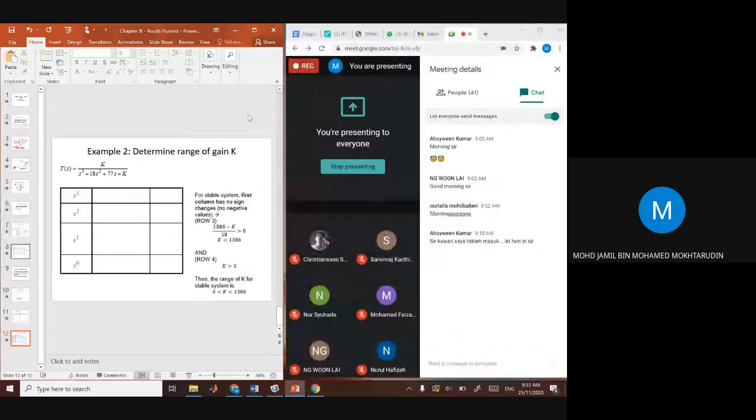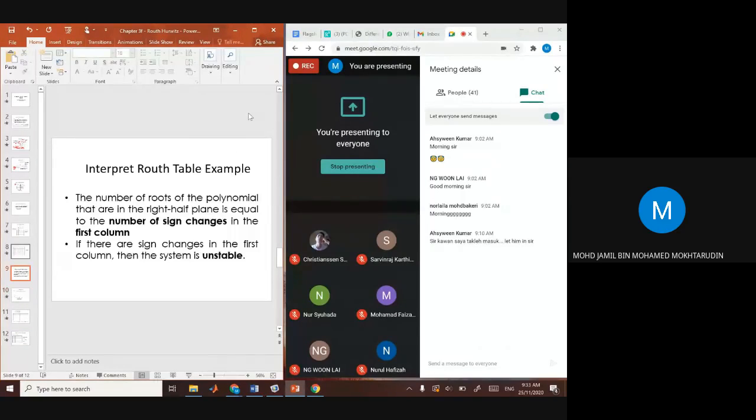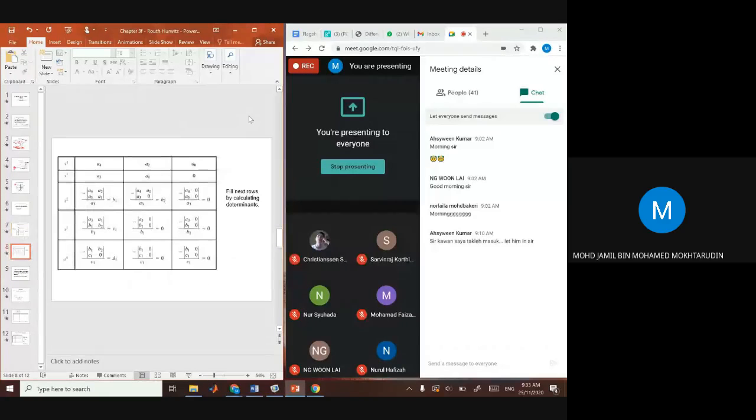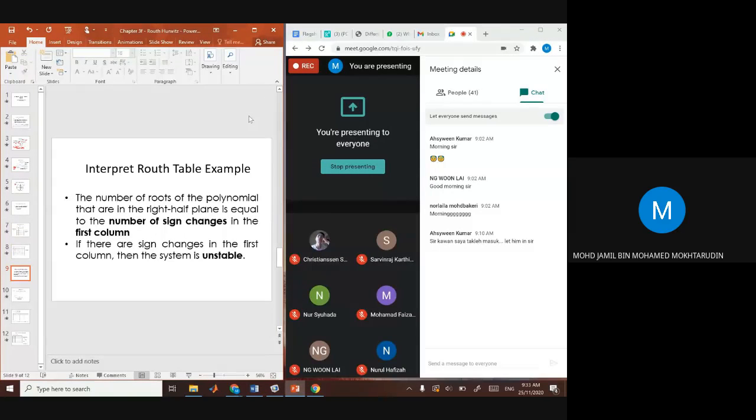So the basic concept here, you need to understand how to generate the Routh table and then determine how many sign changes in the first column to determine how many poles are on the right half plane, or right hand side of the plane. Then if you have sign changes, the system is unstable.